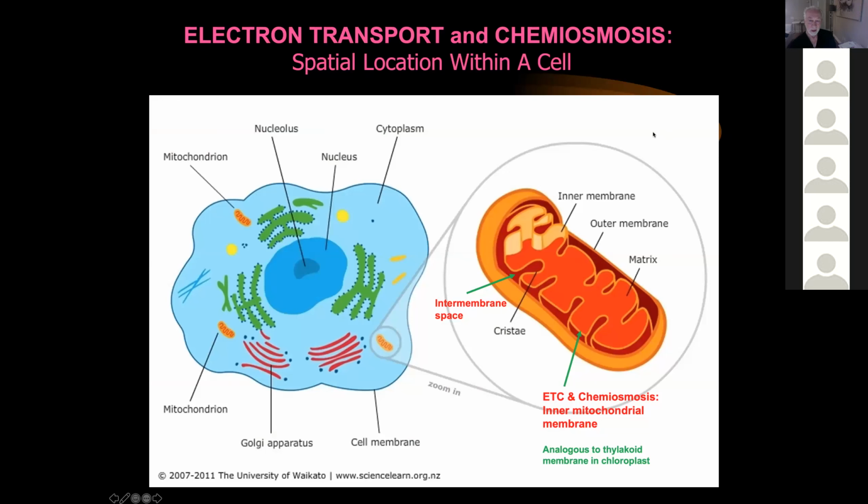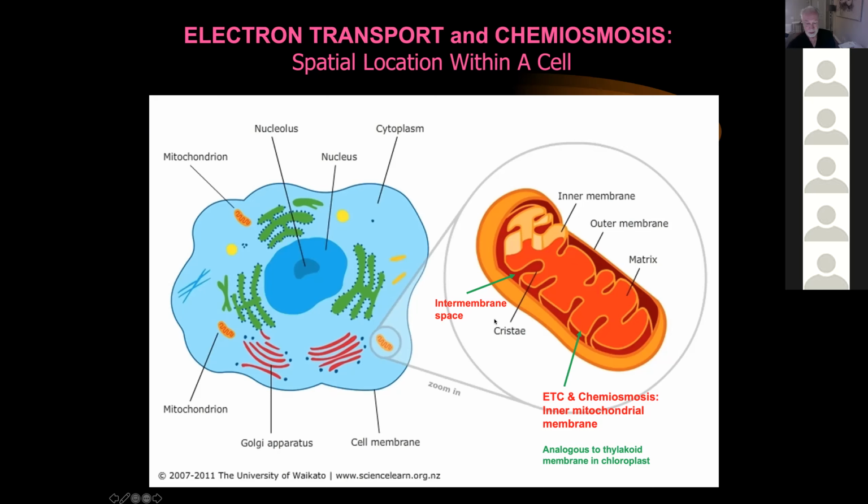Just to remind you or make clear to you where all this is going on, remember I showed you a picture at the beginning of a plant cell that had mitochondria and chloroplasts. We're not talking about chloroplasts now, only mitochondria. So if you take a single mitochondrion and look inside it, what you see is a series of highly folded membranes called cristae.